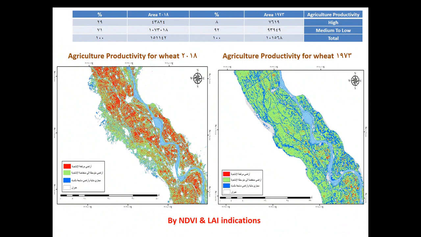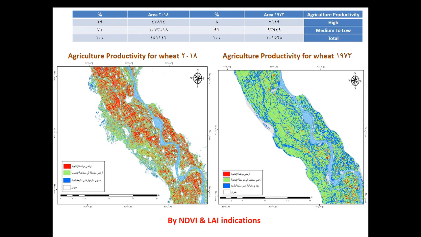Agricultural productivity is an important thing for every country all over the world. It is an economic and food issue. So we can study an important crop for humans in our area.